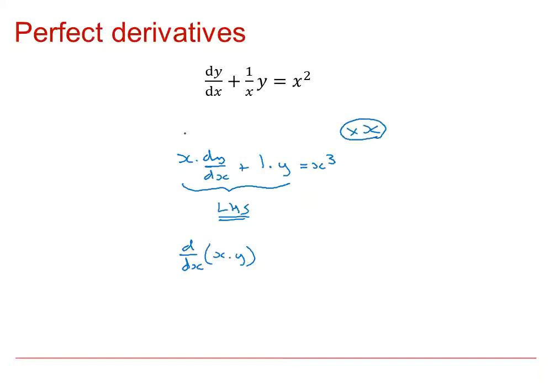So this is leave x, differentiate y, plus differentiate the x, leave the y. So this is the derivative of xy with respect to x on the left hand side, and on the right hand side we still have x cubed. Now we are in a position where we could integrate both sides with respect to x.